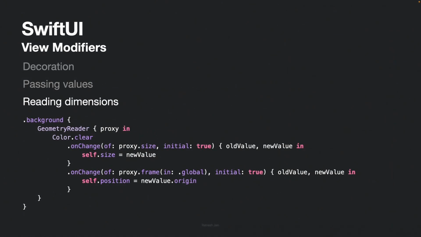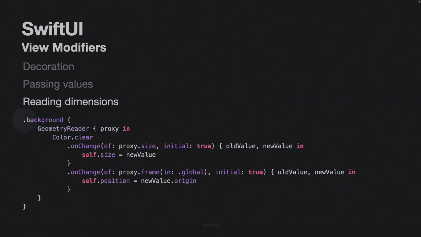And this is reading dimensions, or like the geometry reader. This view modifier will give us the dimension, the position, height, width, etc. for the targeted view. Here I am using a background, and the background view modifier will be the same size as the parent. Inside that I am using a geometry reader, which will give me a proxy value.